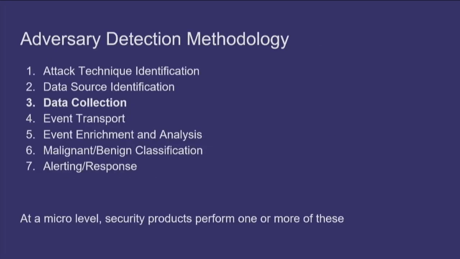So instead of, as a converse to the first step, an attacker can select specific techniques that the target organization may not be aware of. They may subvert data sources, so they could disable a specific ETW provider if that's being used to generate the data. They could subvert the data collection tool, so suspending the tool or killing off the process.